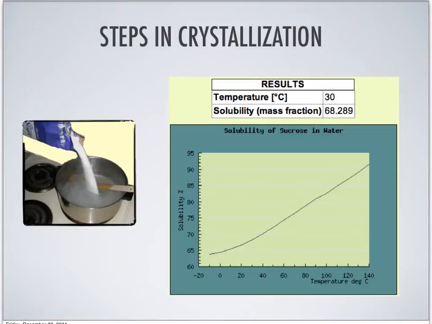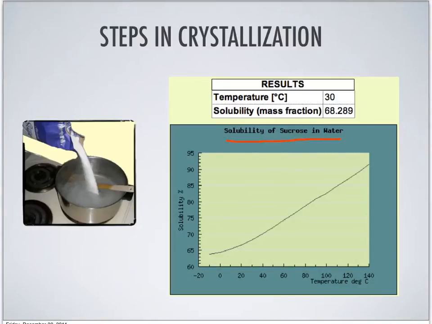So now let's look at the crystallization starting from a solution. I will use sucrose as an example here to explain. At any temperature, let's refer to this diagram of the graph of solubility of sucrose in water.